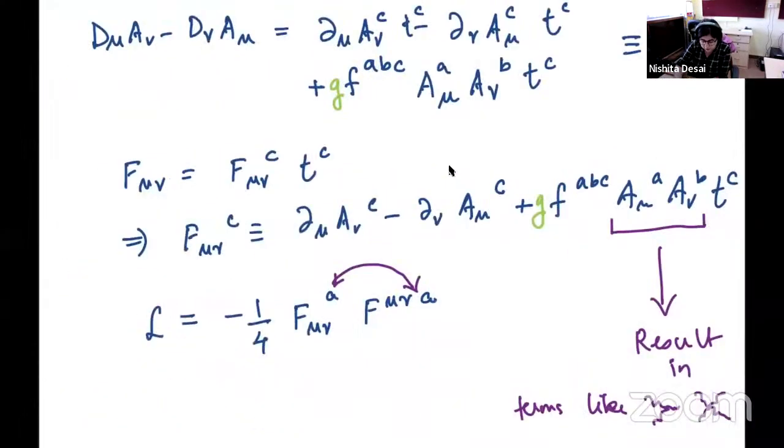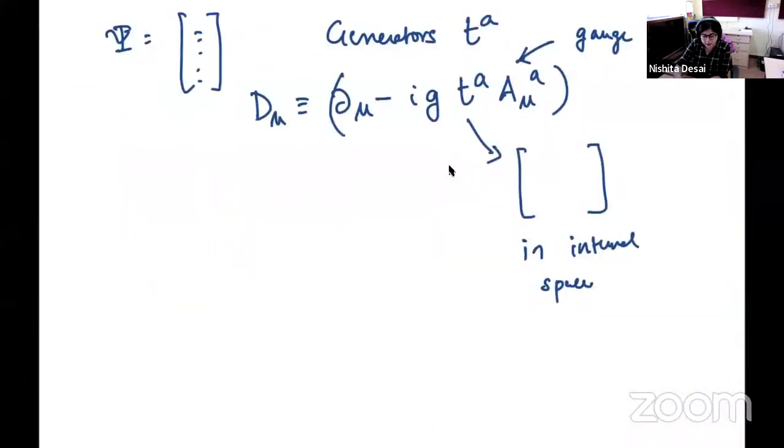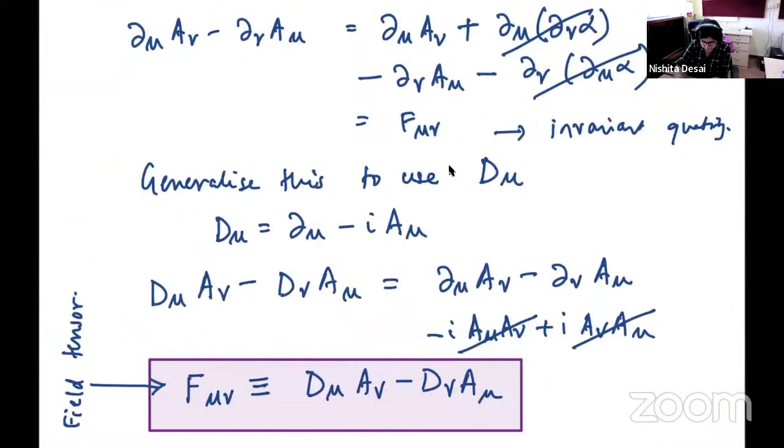Okay, so this is why it is important to remember, and an important differentiating factor between these non-abelian or non-commuting gauge groups like SU(N) and a commuting gauge group like U(1). Okay, so when you had U(1) in this case, even if you rewrite your F_mu_nu in terms of capital D_mu, you still do not get this extra term which has these self interactions between gauge bosons, right?